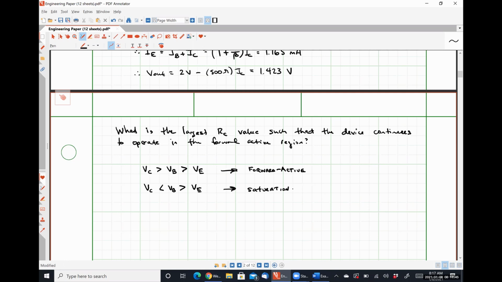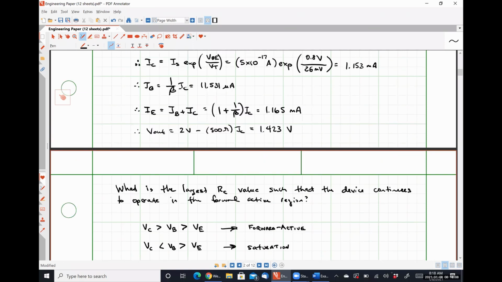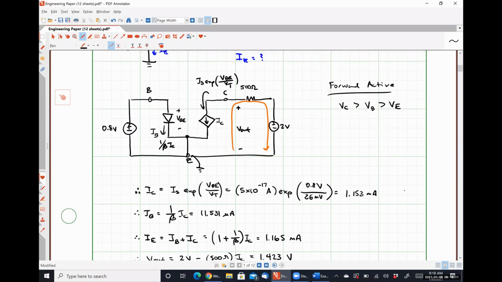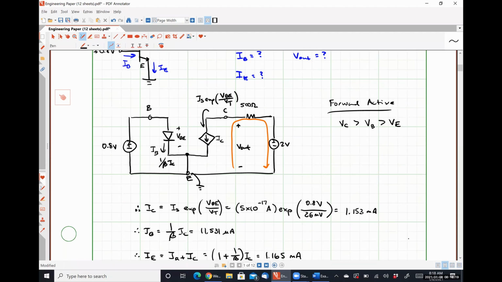So I'm not going to worry about those 2 guys. So the condition we're looking for then is what resistor value makes VC equal VB. That's the transition point between saturation operation and forward active operation. So knowing that, how would we go about finding our resistor value based on our large signal model? Any thoughts?